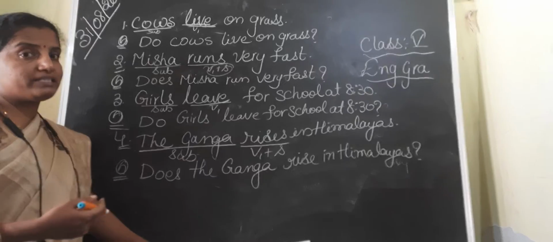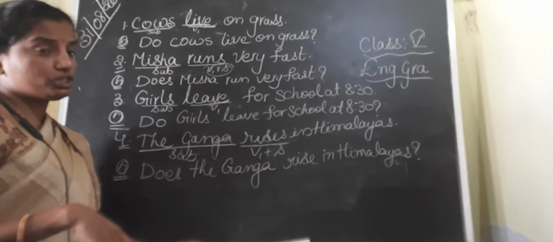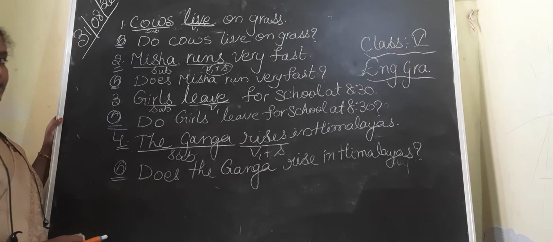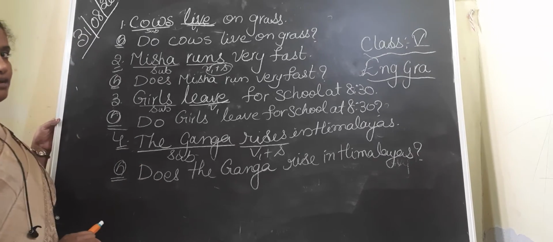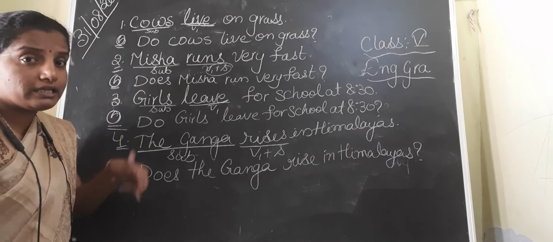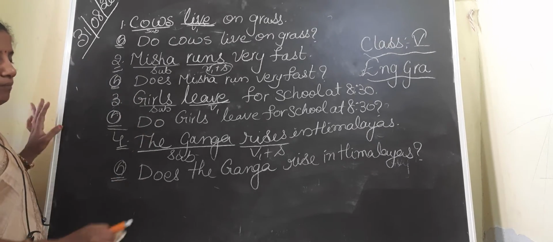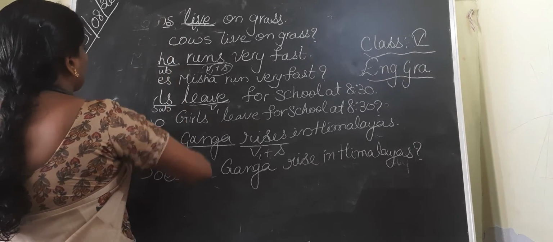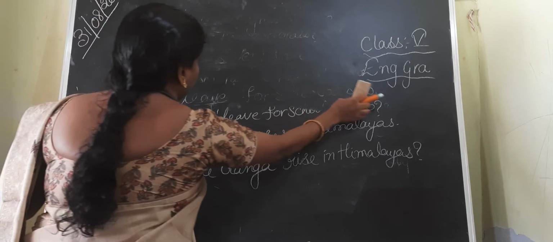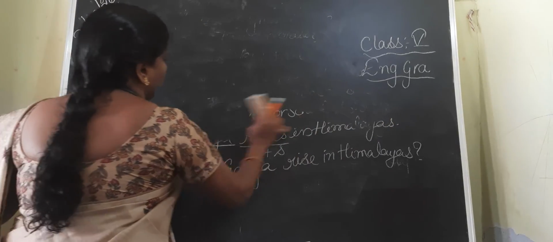Few more examples we will learn, with yes or no type answers. Sometimes answers will be given to you. Here I wrote the statements and I have framed the questions. Now I will give you some answers to write the question form. So you should not be confused when there is an answer given to you. You have to be very alert when you are writing the question form.